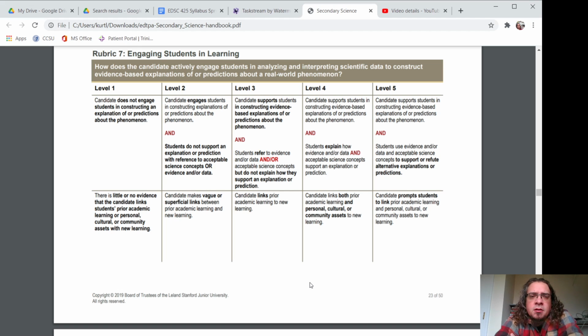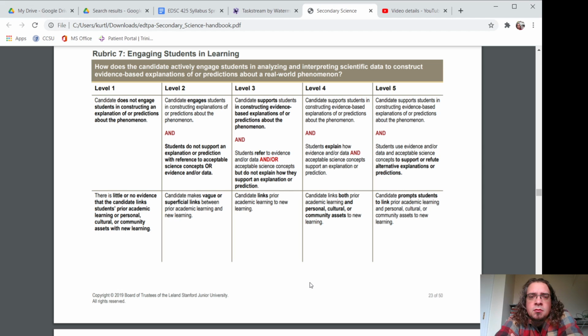So let's just look at sort of generally what we're being asked to do here, right? So level 3, candidate supports students in being able to do all the things we just mentioned, right? And students refer to evidence and data. But here's the kicker, at least in the science content, they do not explain how they support an explanation, right?